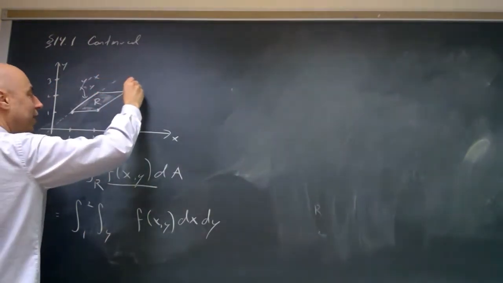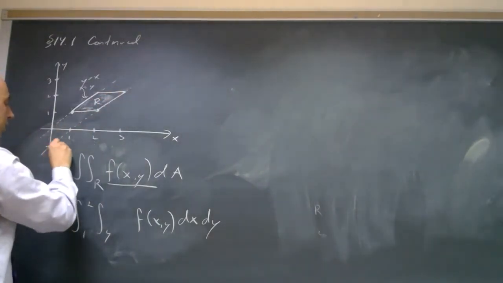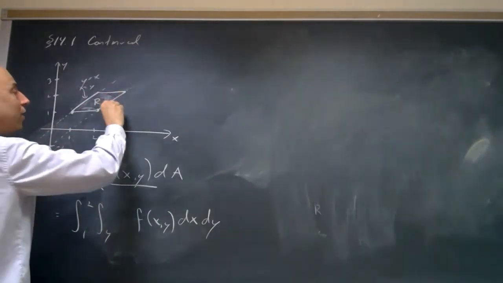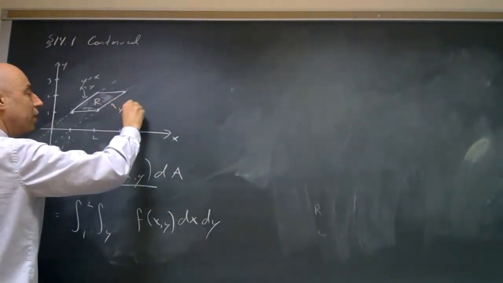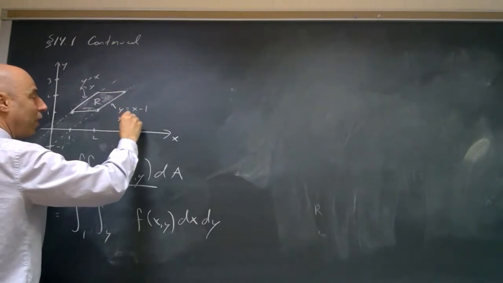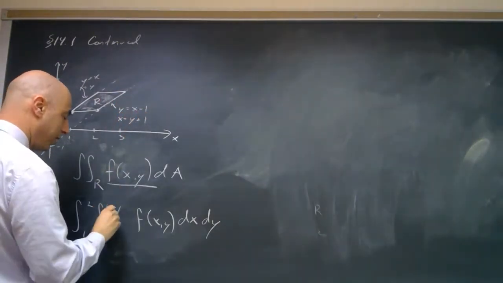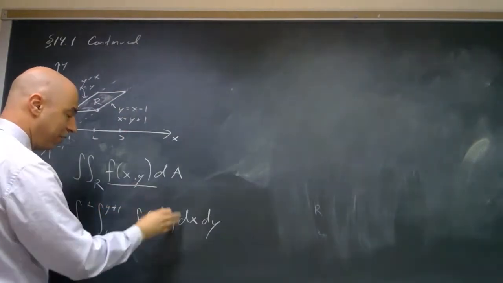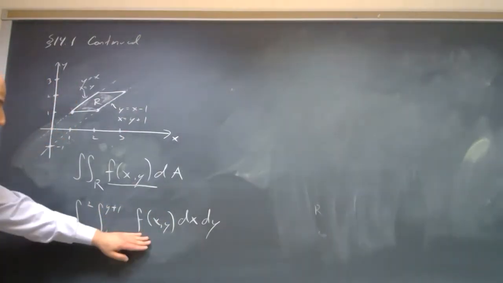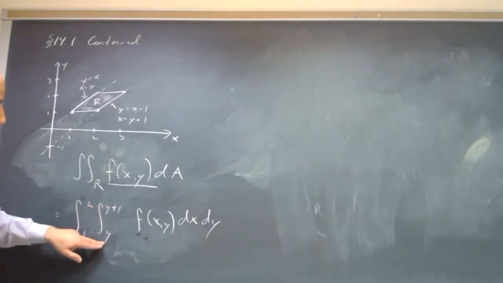Well, this line is y equals x minus 1. And so if we get x by itself, it's x equals y plus 1. So we're going from y to y plus 1. And then we just do our integration. We'll take the antiderivative with respect to x, plug in x equals y plus 1, and subtract off what we get when x equals y.